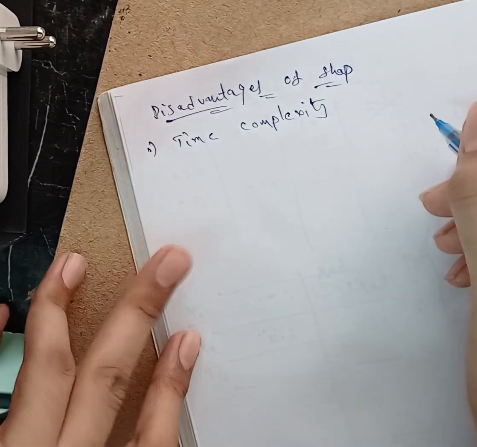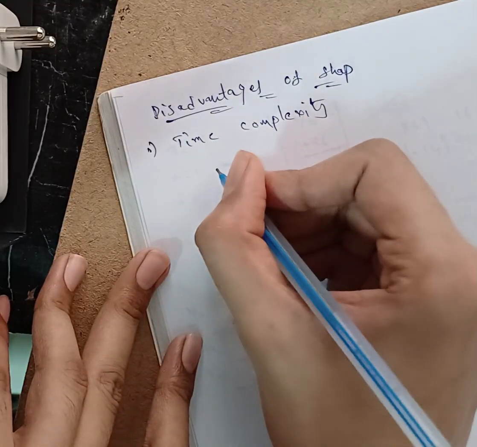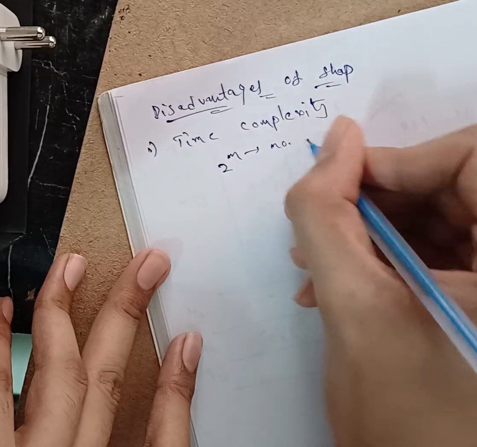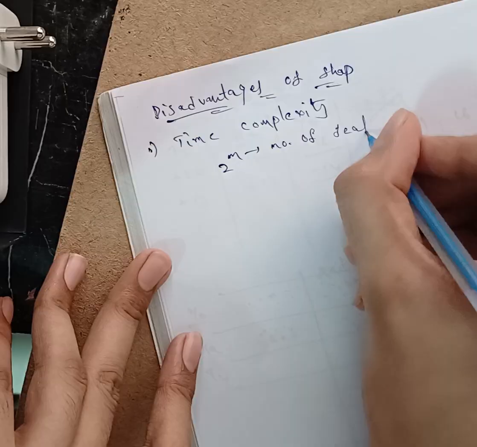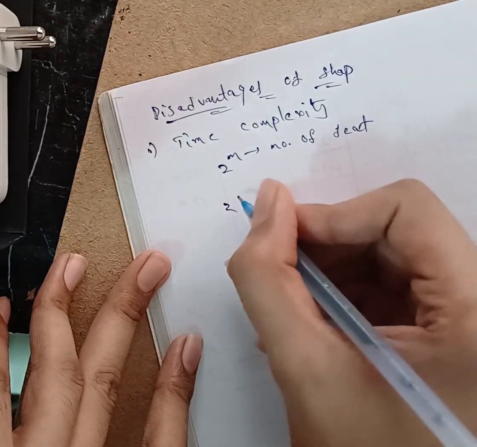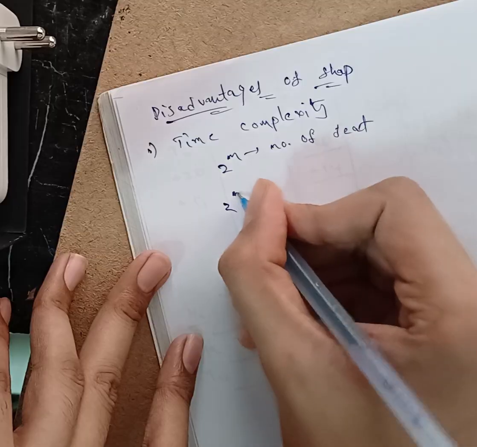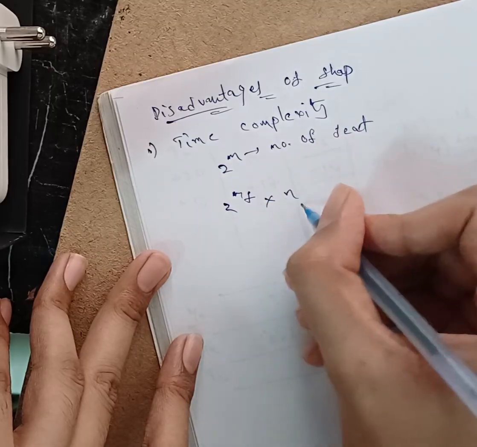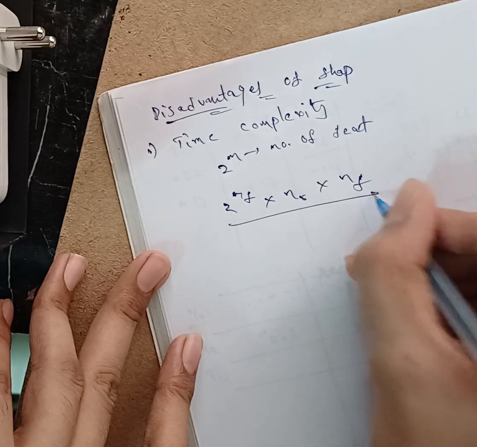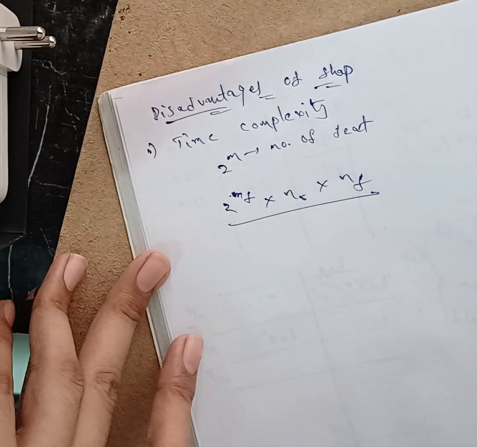The time complexity for this is 2 power m, where m is the number of features. Actually, it's even more than that. The original time complexity is somewhere around 2 power number of features times number of rows times number of features, something like this. So it's even worse.